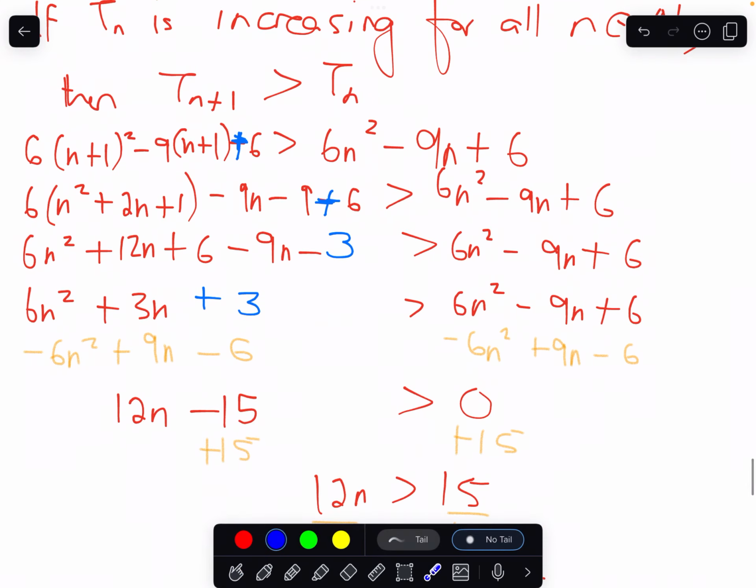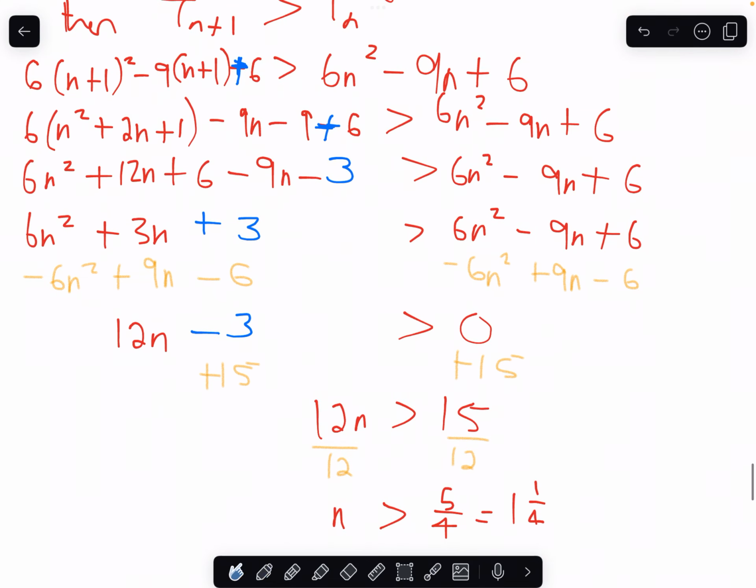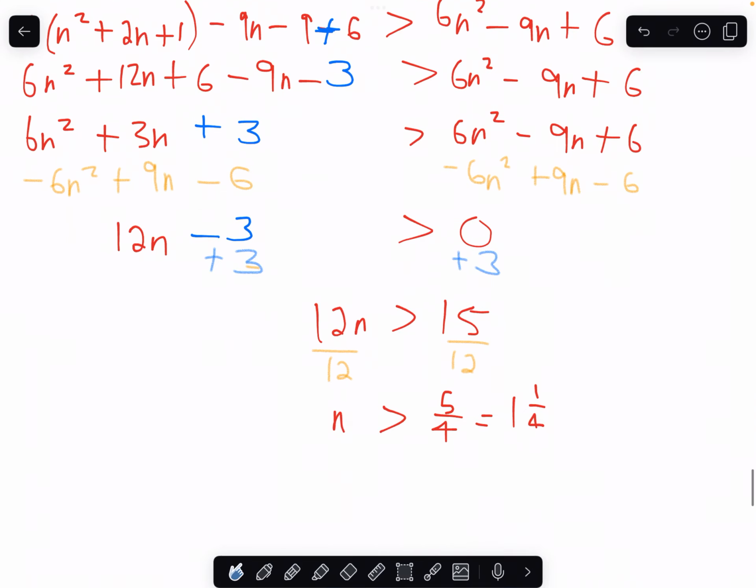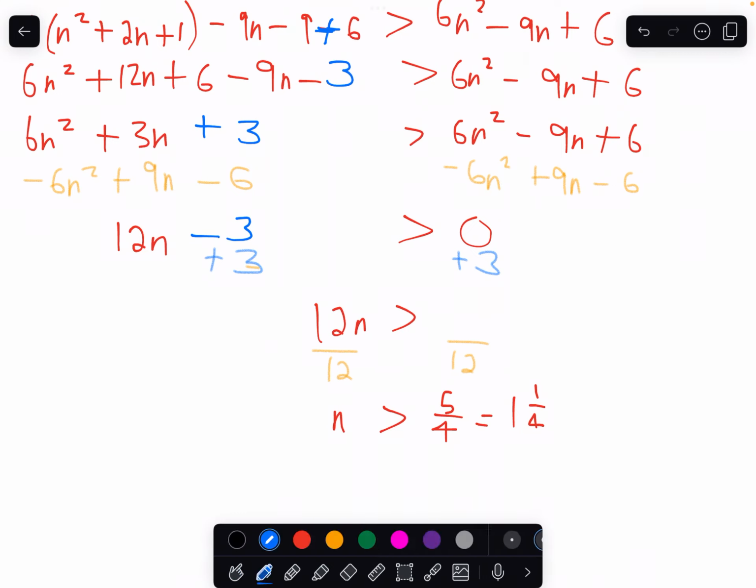Okay, and then this is fine, this is fine, this is changing to minus 3. Okay, and then we corrected the zealousness. We're adding 3 instead. And then over here, we now have a 3. Right, okay, now that's looking better.